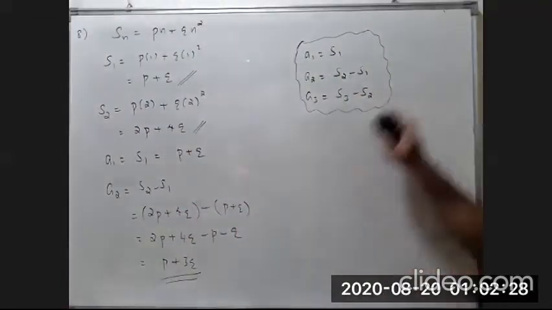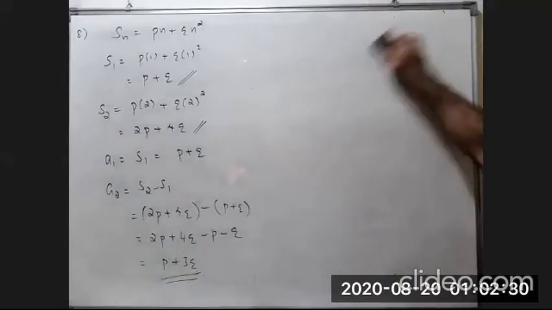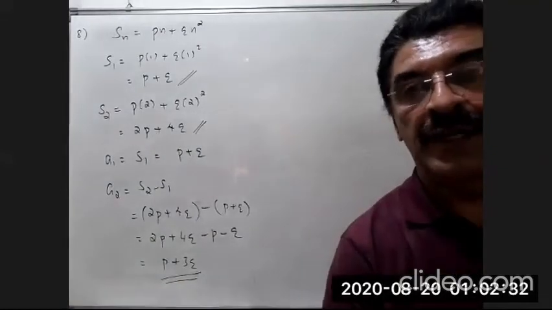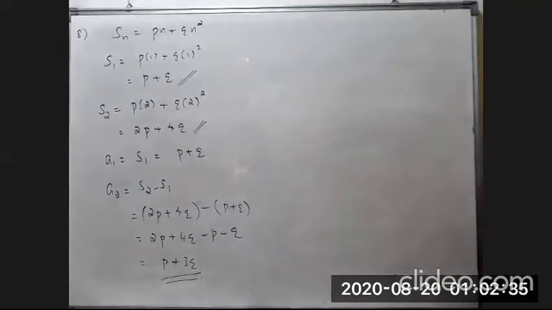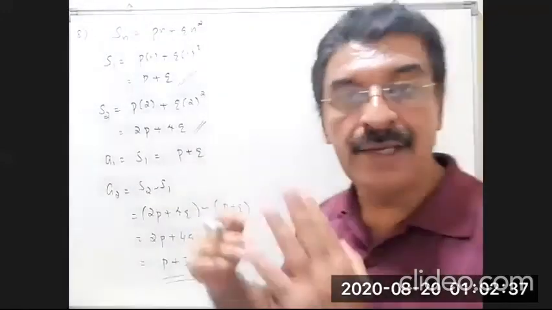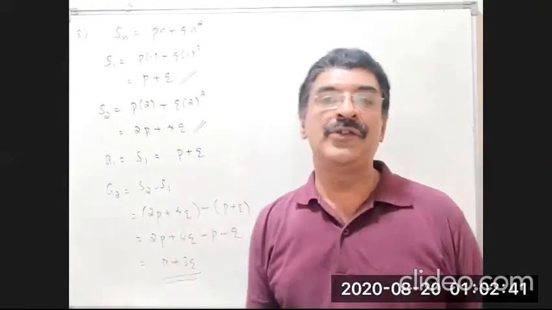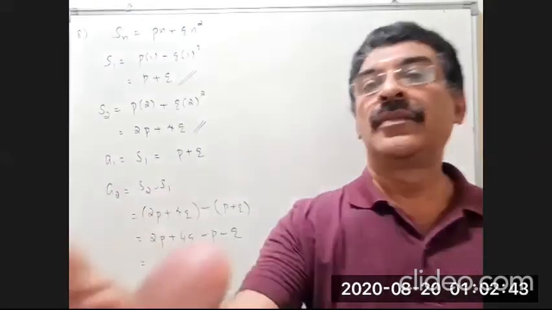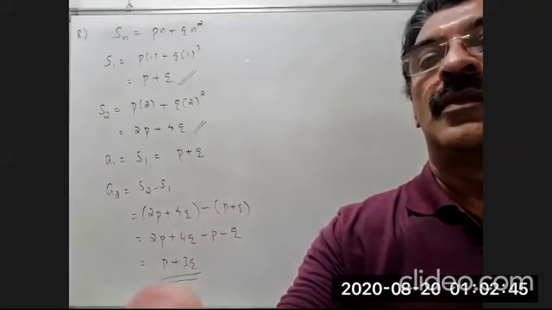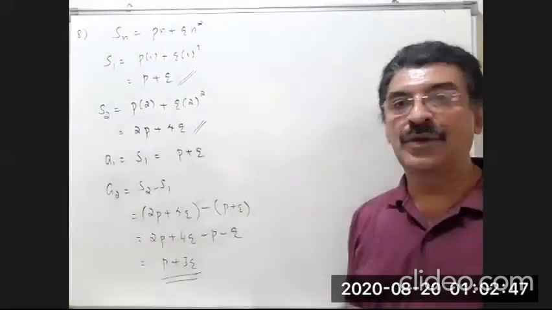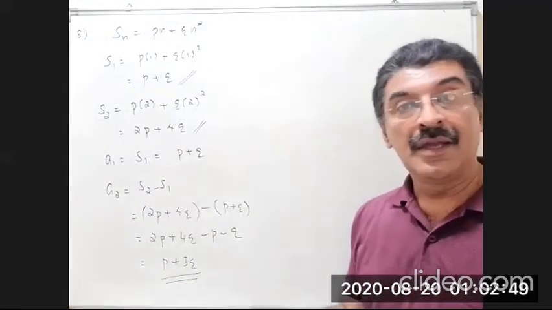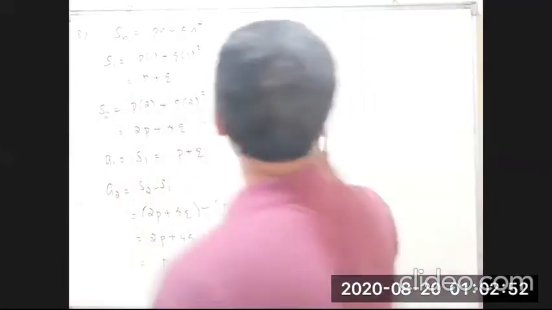See, we found S1, S2. After finding S1, S2, we got A1 and A2. A1 is the same as S1. A2 is the same as S2 minus S1. Now the question is to find the common difference. How do you find the common difference?